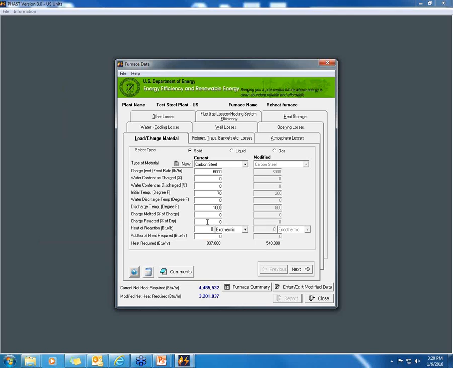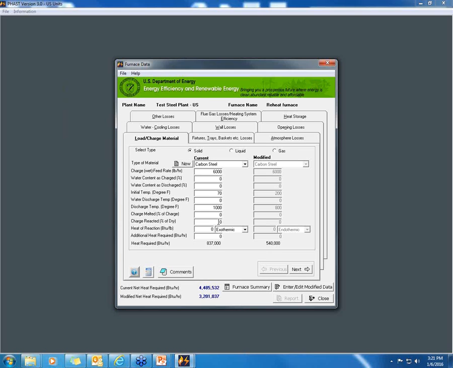Then charge reacted. This is basically oxidation, as Arvind mentioned during his presentation, that in a reheat furnace we may need to deal with oxidation, particularly the top layers losing some material due to oxidation. So if you have data regarding that, you can enter how much charge is actually reacting, and how much oxidation is taking place.